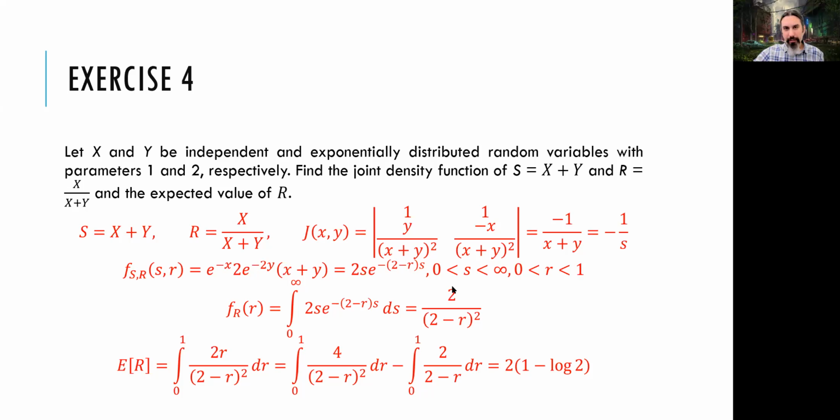Now we need to find the limits of s and r as well. We know that s is equal to x plus y. Both x and y are from 0 to infinity, so s is going to be from 0 to infinity as well. On the other hand, r is equal to x over x plus y. Now, x and y are both from 0 to infinity, and x is always less than x plus y.